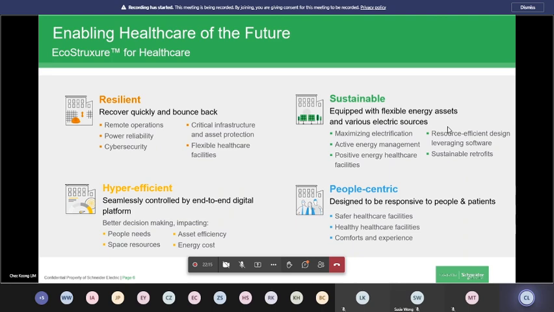So from Schneider's perspective, we provide the necessary systems to allow our users, or whoever is working together with Schneider, to harness these alternative resources, which are available in different countries and different parts of the world. In order for us to make sure that the healthcare system is workable, it needs to be sustainable and eco-friendly. So one of the key things when we talk about sustainability is harnessing alternative resources, green resources, as well as recyclable resources.